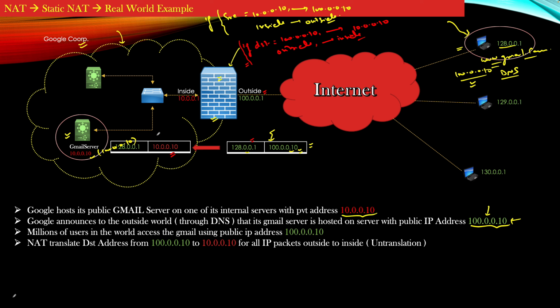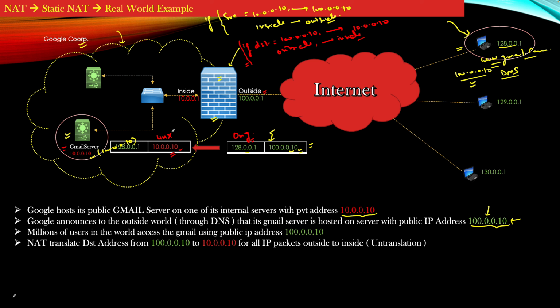I am writing it as UNX, untranslated packet, whereas this was the original packet. Once the packet has entered the private network of the Google Corporation, its destination address would be 10.0.0.10, and the private network of Google knows how to route this packet based on the destination IP address. So this packet eventually reaches the Gmail server.